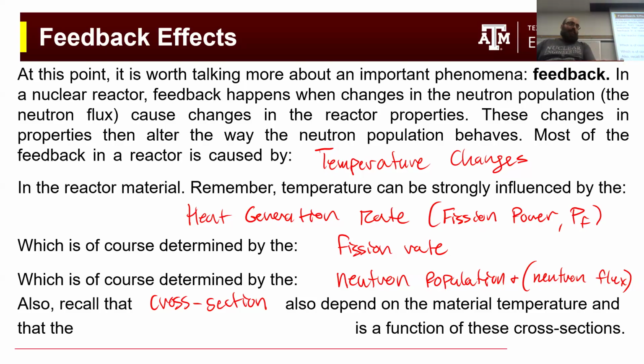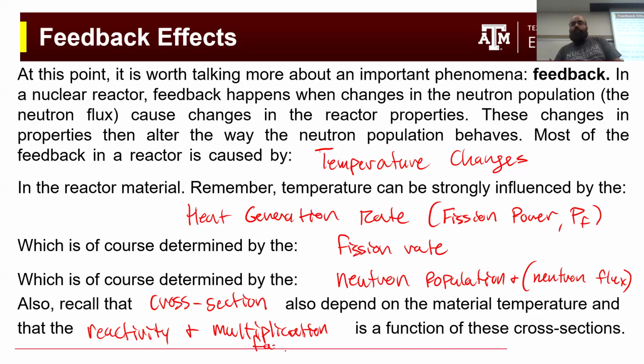By changing cross sections, I affect my reaction rates, and those affect the multiplication of my system and its reactivity. So those end up affecting the reactivity and the multiplication factor because they depend on cross sections.